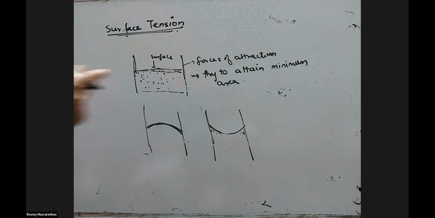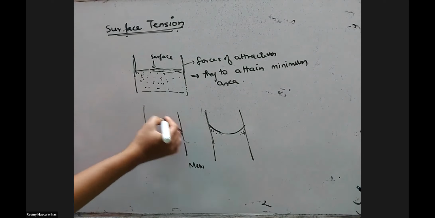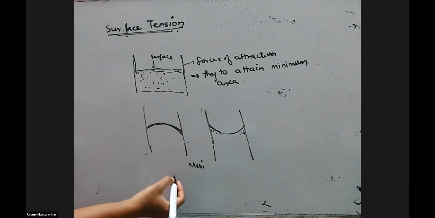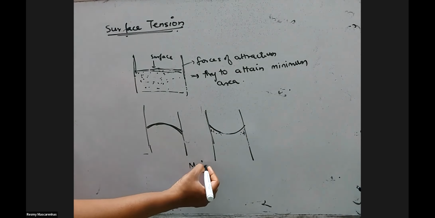So there are two ways a surface tension can lead to, and that shape is what is called the meniscus. I told you, we don't use the word shape, we use the word meniscus.